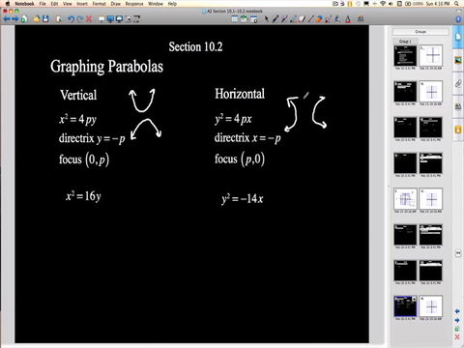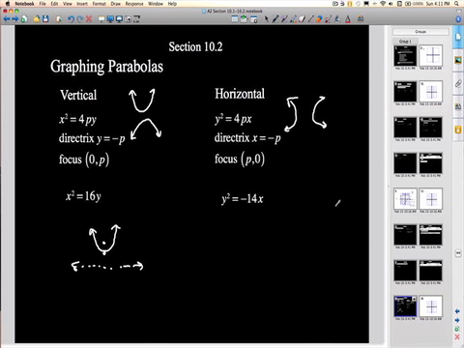Right? And if we are going to graph a parabola, I'm going to look at a vertical parabola with a positive value for p. It's going to have some parts. It's going to have the parabola that we're used to. It's going to have a point that's a focus. The vertex is in the center, and there's a line called the directrix. These are all parts of our parabola.